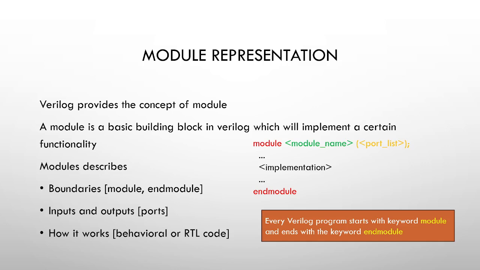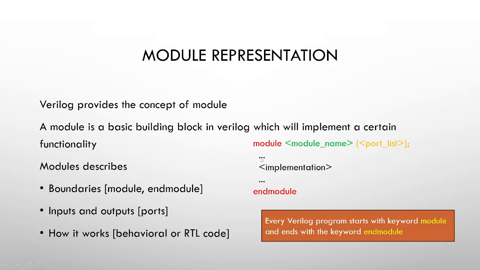So what is this everything? It consists of ports. Ports are input, output, and inout. You'll be learning it in further sessions; I'm just giving you a basic idea. Mostly you'll be using input and output. Whatever ports you want to declare and whatever logic you want to write, everything should be within this module and endmodule.